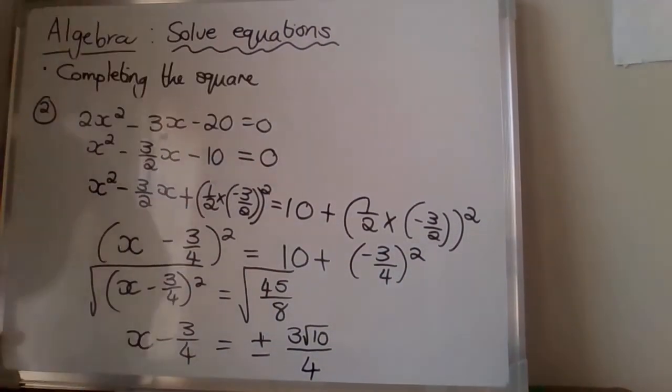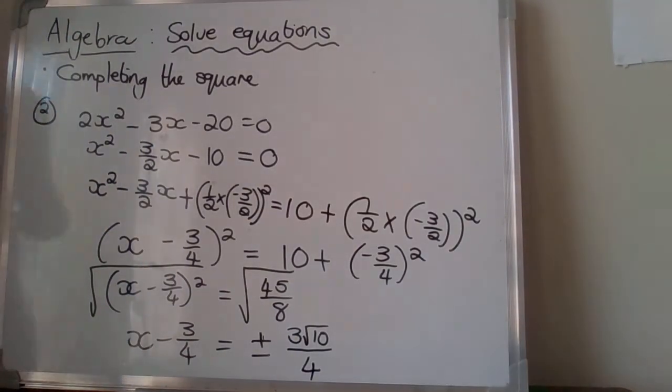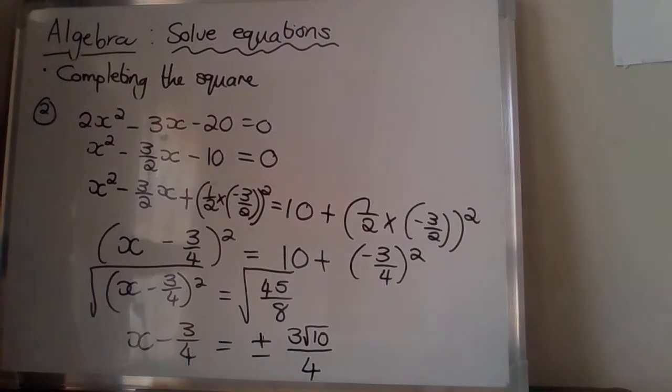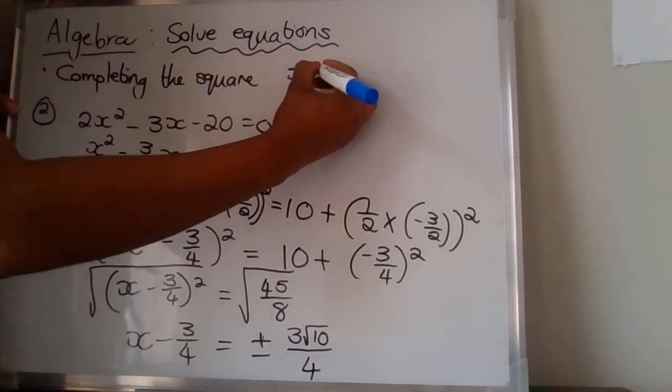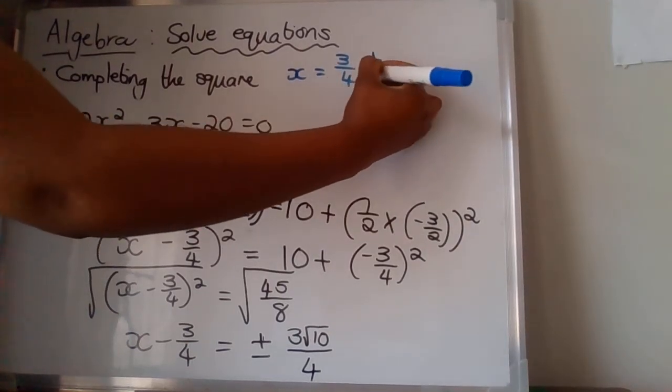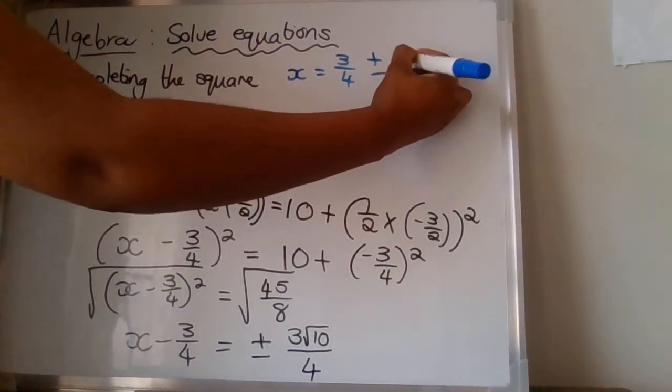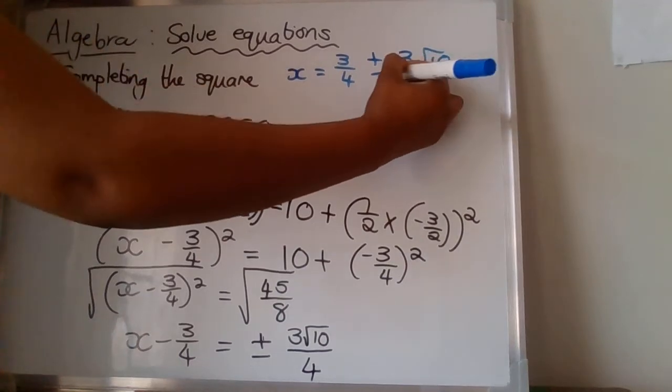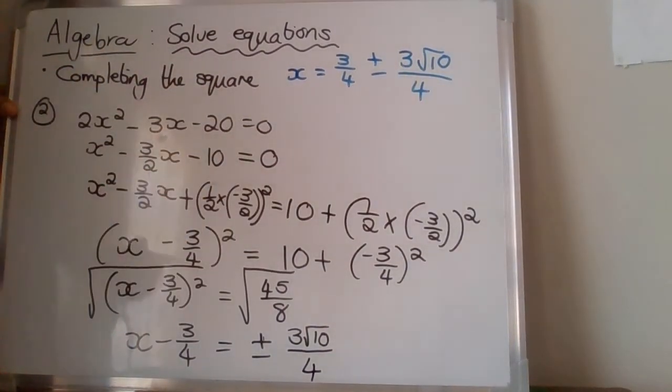Okay, so that's what I get from my calculator. And then let's continue in blue. Therefore, x is equal to 3 over 4 plus or minus 3 root 10 all over 4.